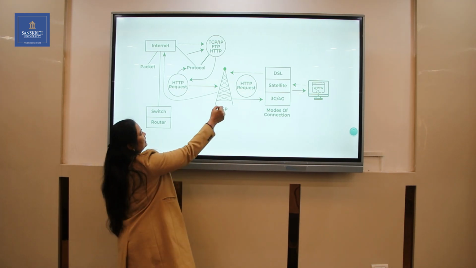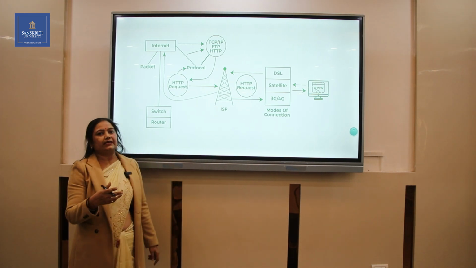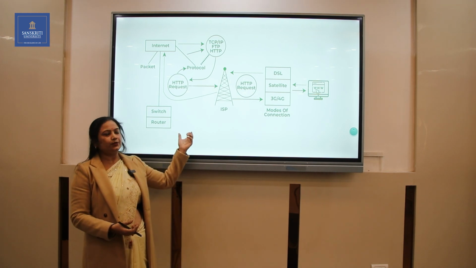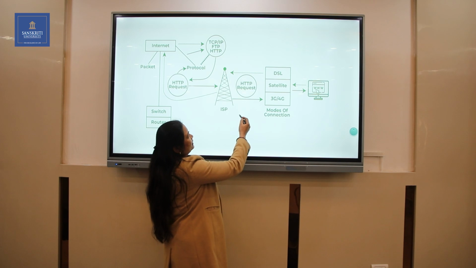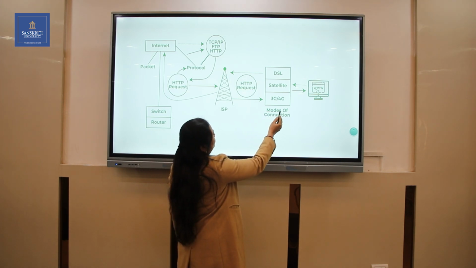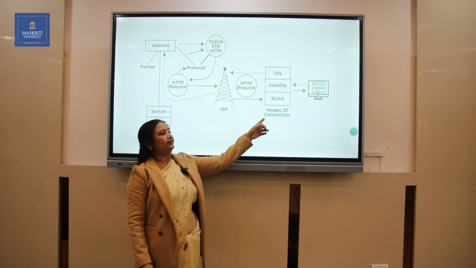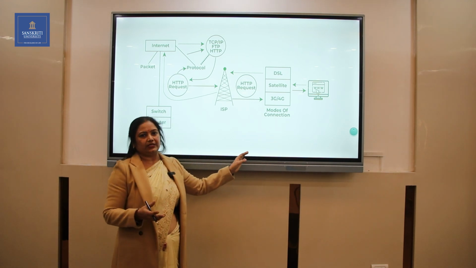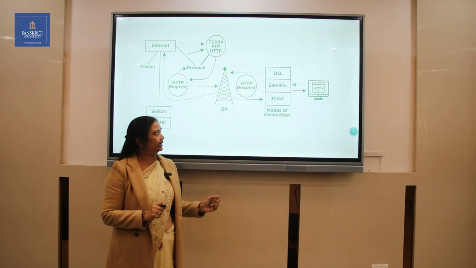So this is the internet service provider, through which we receive the request from the user, and the internet service provider then sends the request over DSL or satellite, or it may be 3G, 4G and 5G. Now we are using 5G connections, modes of connection through which we connect with the internet.